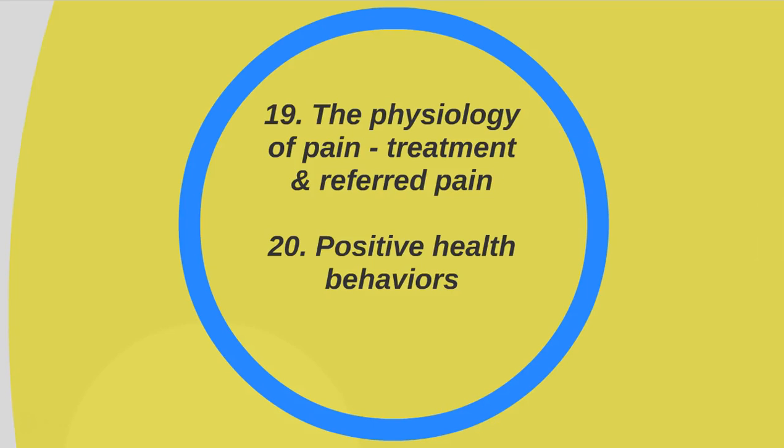Also, they can be found in some tissues of internal or visceral organs, as well as in joint capsules, in the periosteum of bones, and then surrounding the walls of blood vessels, and in certain types of deep tissue. So these nociceptors will signal injury or tissue damage by causing pain. You feel pain, and that's how you know that you've incurred an injury or tissue damage.